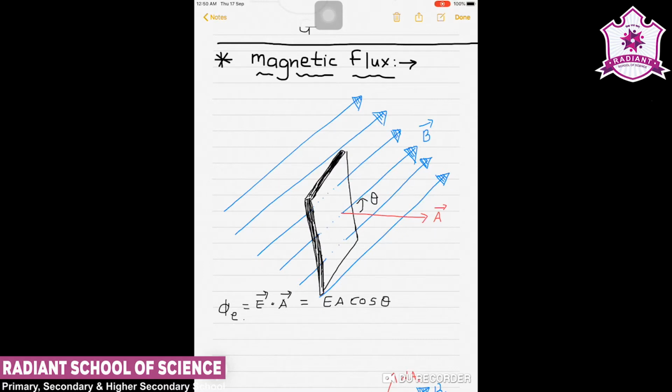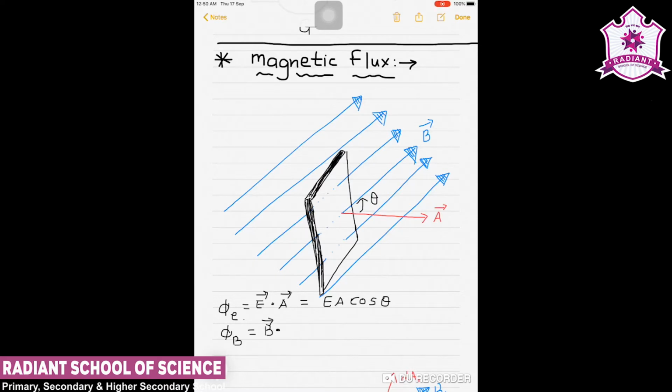In exactly the same manner, the magnetic flux through a plane of area A, which is placed in a uniform magnetic field B as shown in the figure, is written with the symbol phi B, exactly as it was given for the electric field.